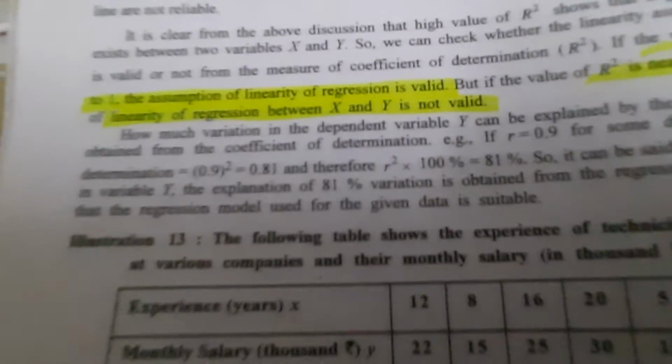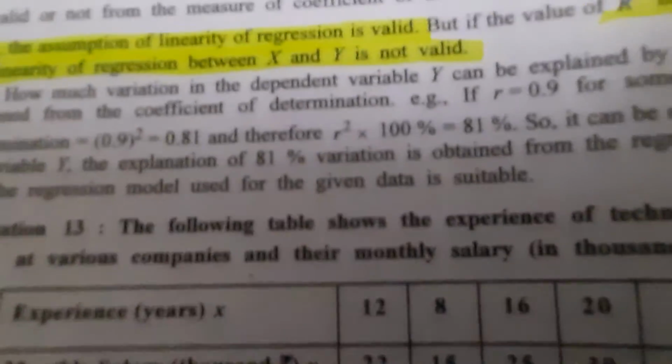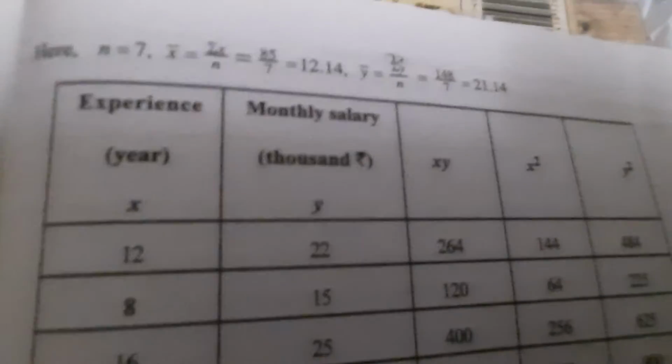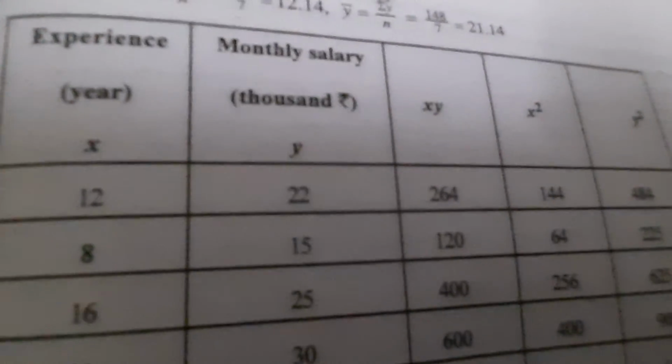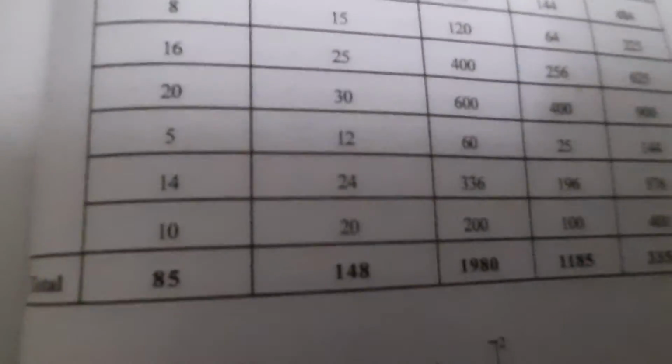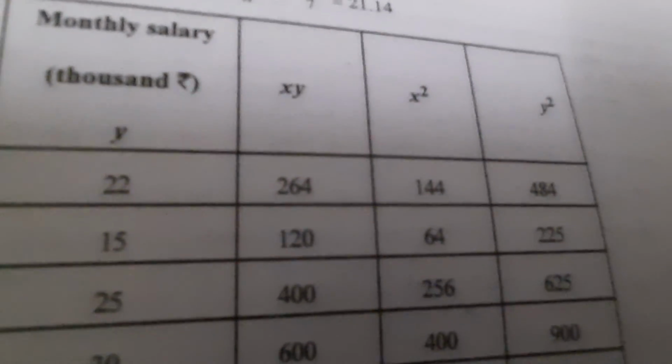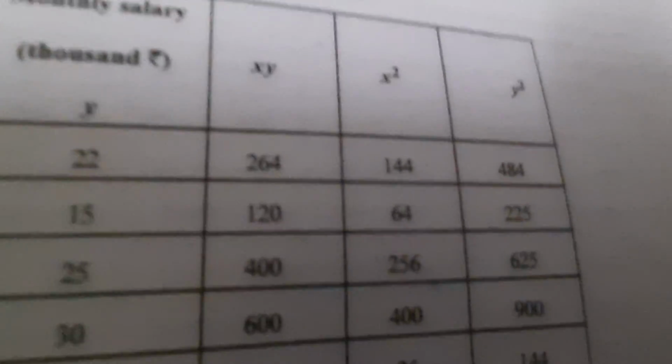So r squared can be found out like this, and if a question is given, we can work out r squared. Say for example experience in years and monthly salary are given, and here what we do is we go by the x, y, x squared and y squared method.